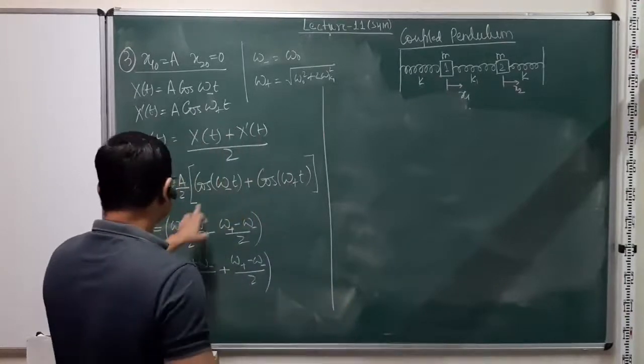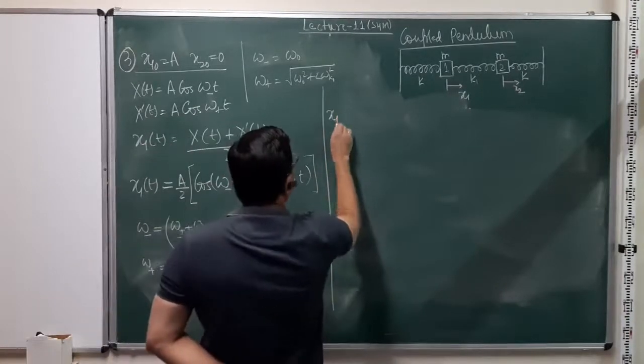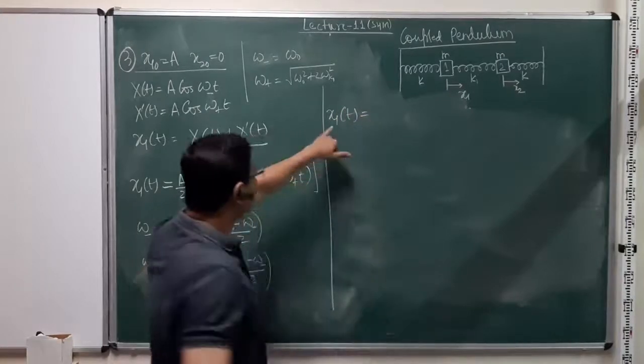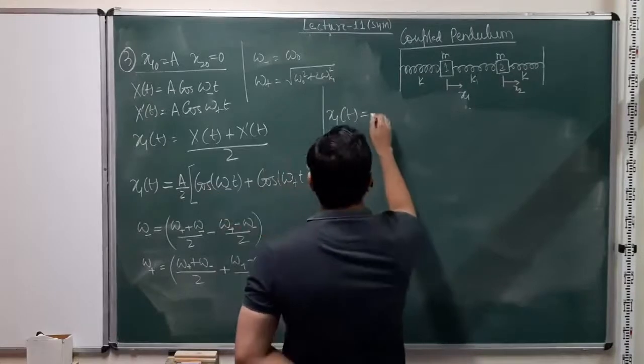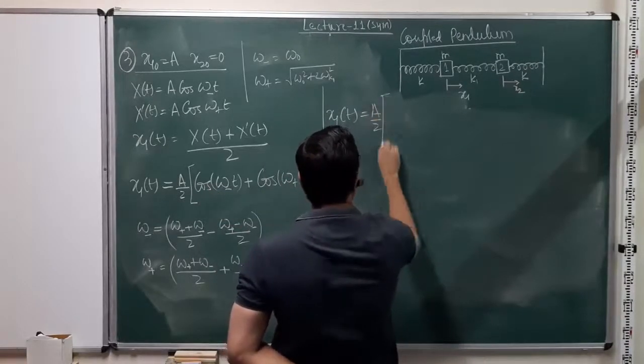Put this back here. We can write down now x1 of t, and this is small x1, so this is basically describing the motion of mass 1, a by 2.